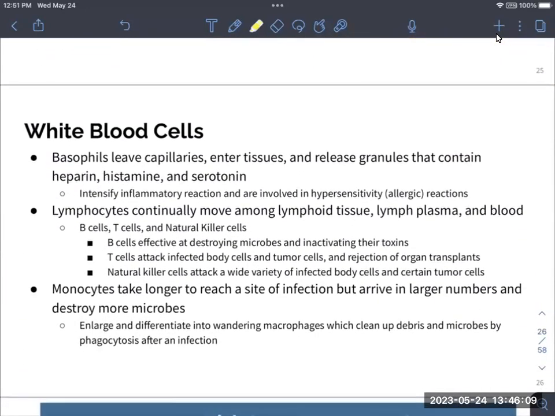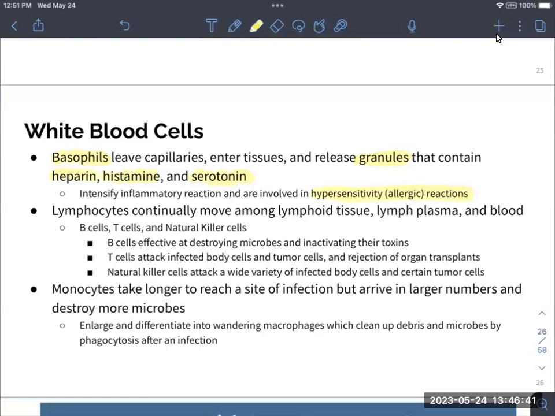Basophils, another type of white blood cell here. They release out their granules, because their granules have heparin, histamine, and serotonin in them. Anybody who has any kind of hypersensitivity to something, their basophils work really hard.